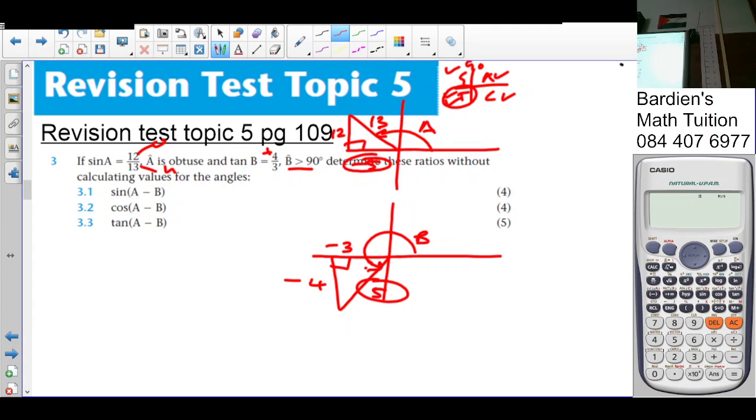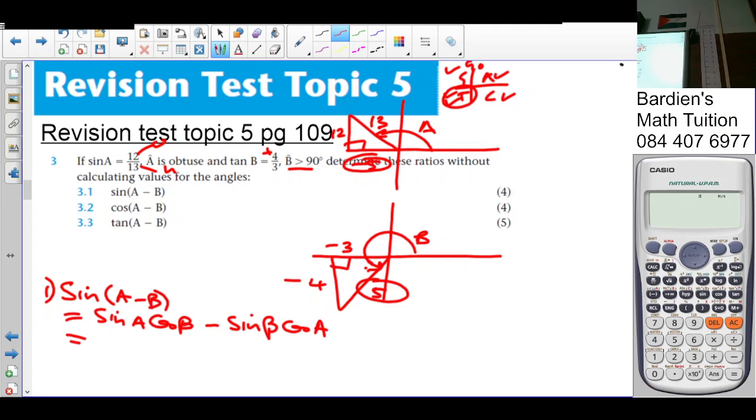Okay. So determine the ratios without using a calculator, calculating the values of. In the first case, you got sine of (A minus B). So the sine expansion must be applied here. It's going to be sine A cos B minus sine B cos A. As you can see here, is your angle A, the opposite is 12 over your hypotenuse 13, times cos of B, which is adjacent, negative 3 over 5.